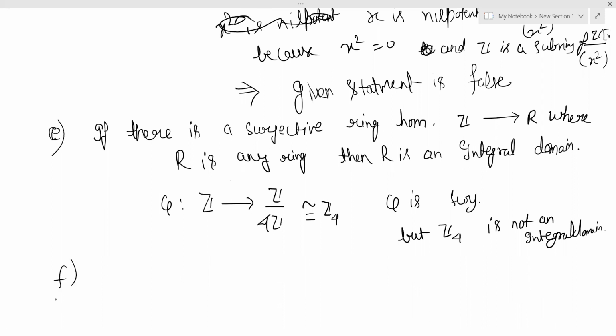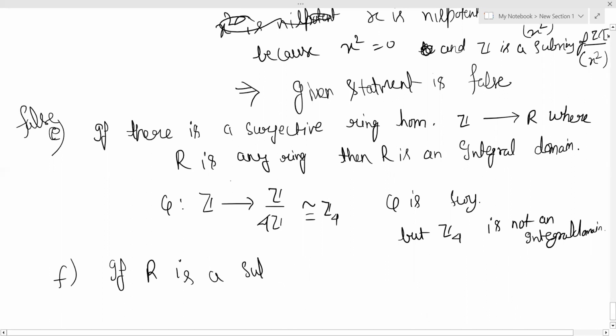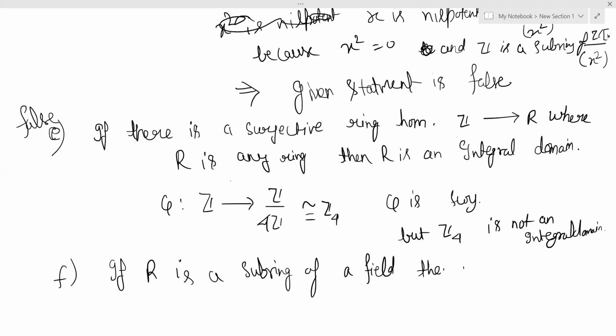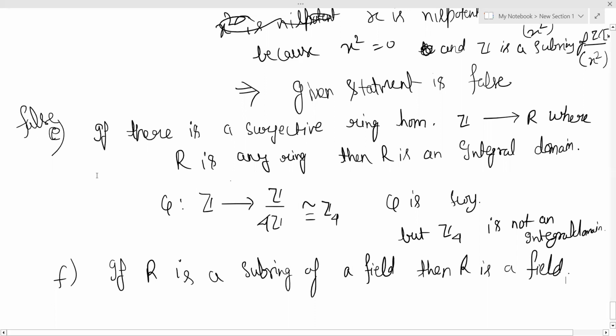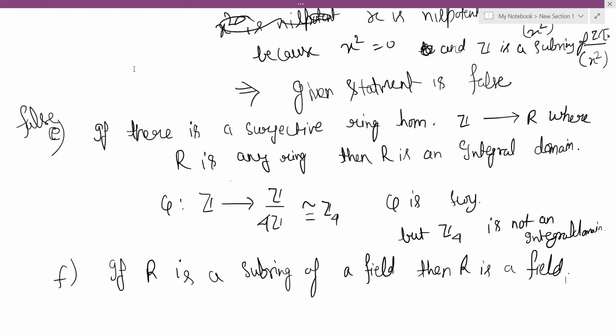The next part, F. If R is a subring of a field, then R is a field. This one is false. So is this true or false?